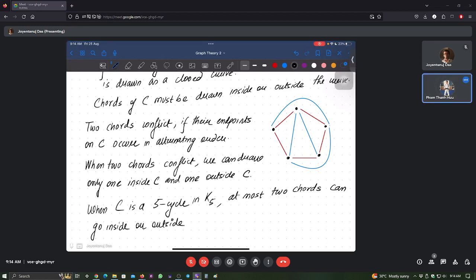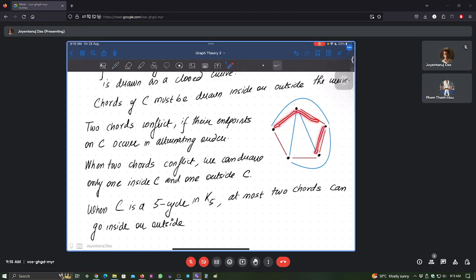But there are five chords in K5, because the total number of edges in K5 is 5 choose 2, that is 10. On the cycle we have used 5 edges, so the remaining number of edges is 5. So they are all chords.